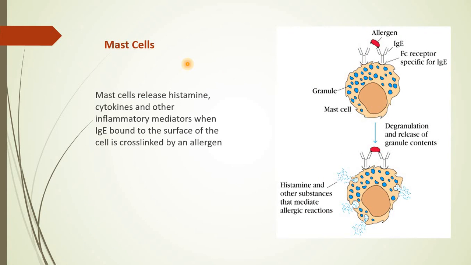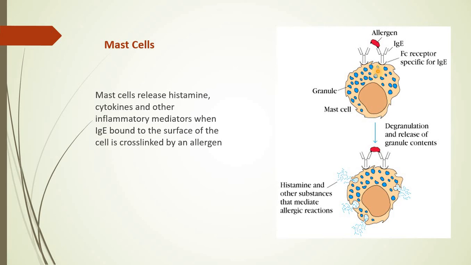The next cell type under discussion is the mast cell. These mast cells are present in the tissues, and once again their cytoplasm shows granules which contain heparin and histamine.